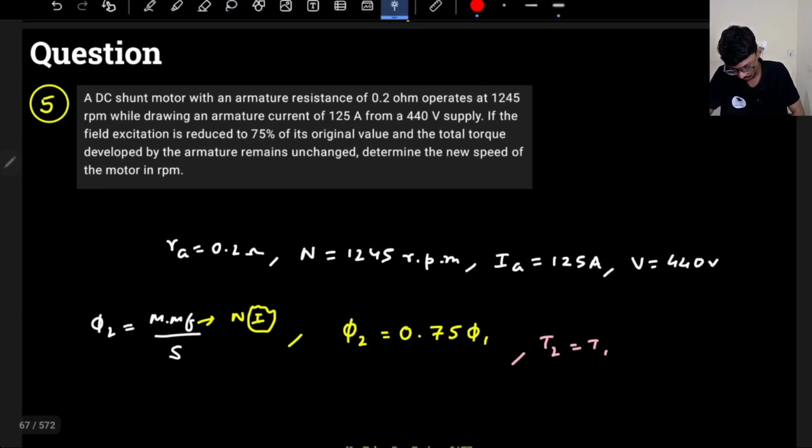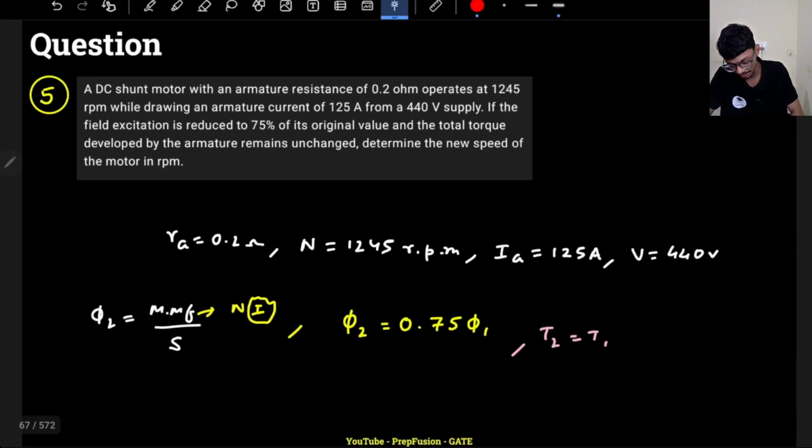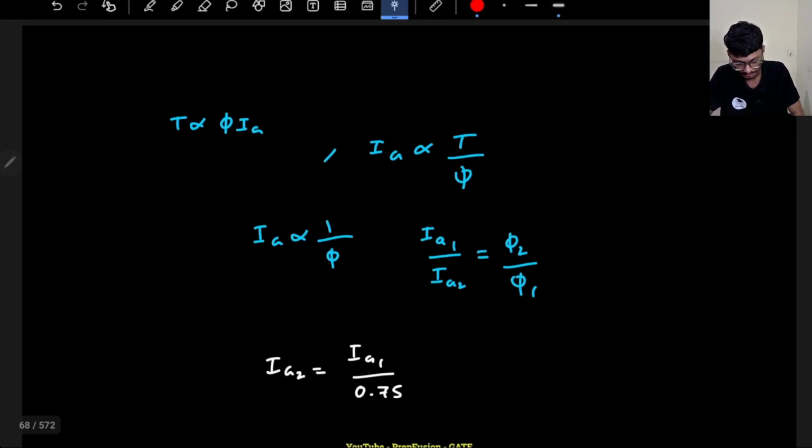They have told me Ia1 is 125 amperes, so I can find out Ia2. Why do I need Ia2? Because ultimately I want to find out the speed. For that I need the back EMF, and to find the back EMF I need the current.